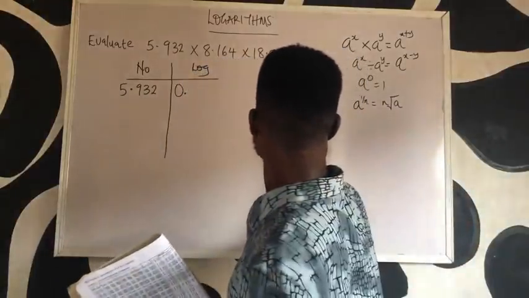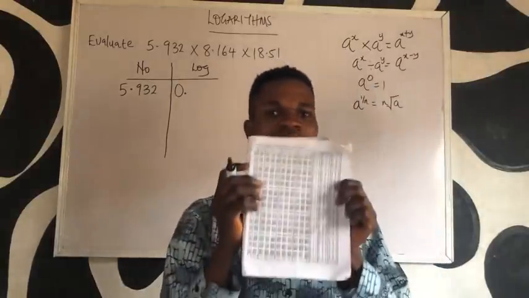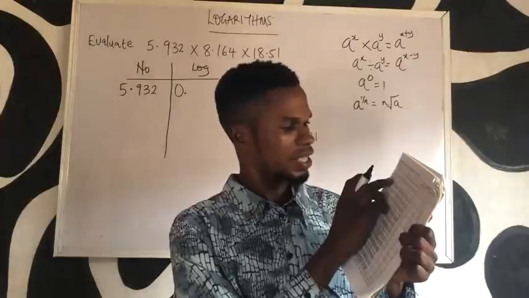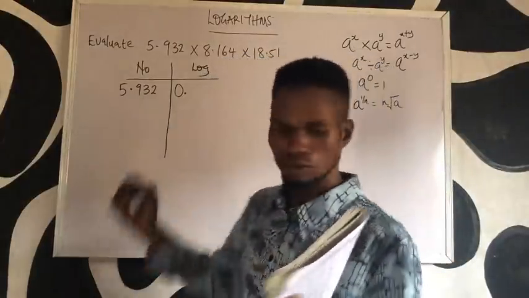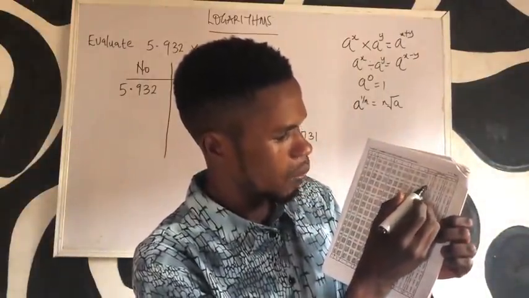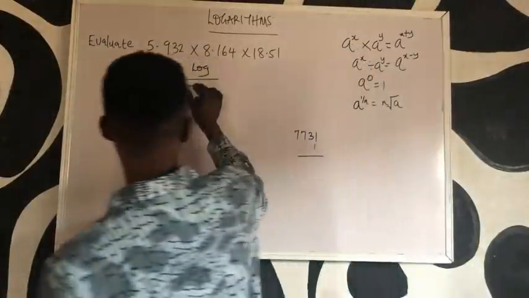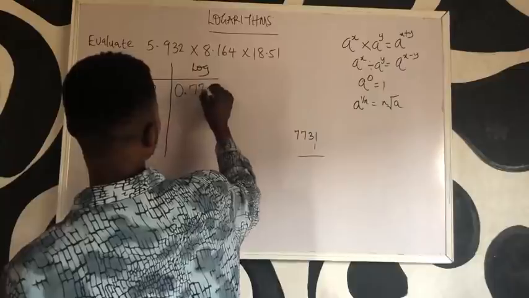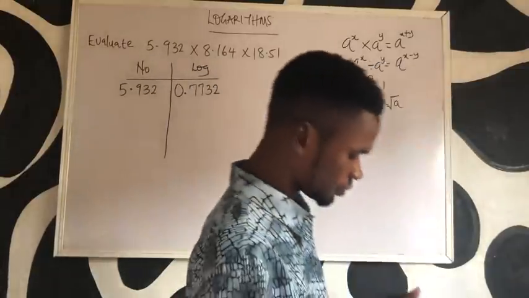The difference 2 here is 1, so add 1 to this. That's 7732.